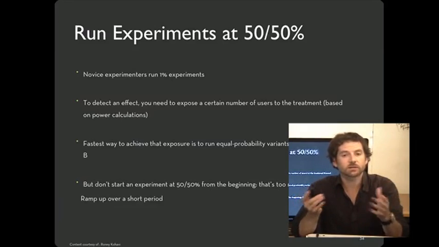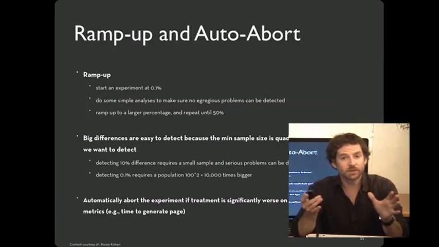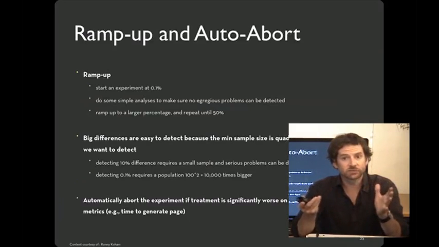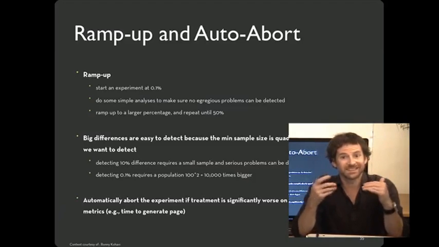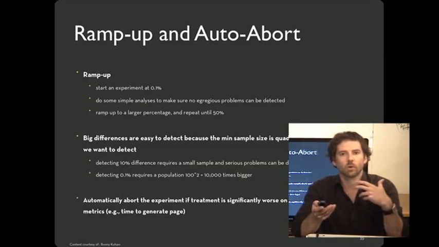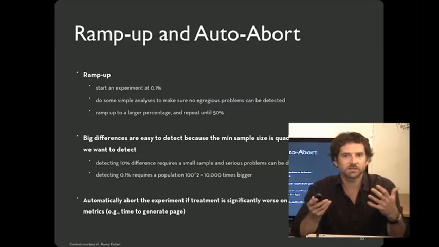However, you don't want to start out at 50-50 initially. What you want to do initially is ramp things up. And the reason for that is your design may be disastrous. Usually if you see a big change in the first few people, it's a negative one. And that's going to be because of software bugs or other just things that you didn't think of, problems that happen.